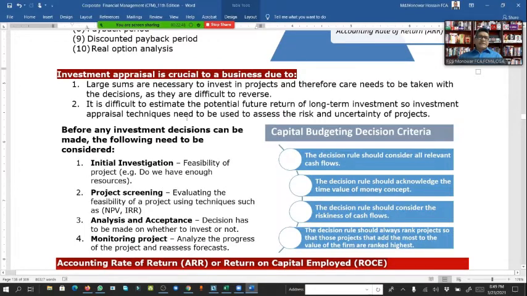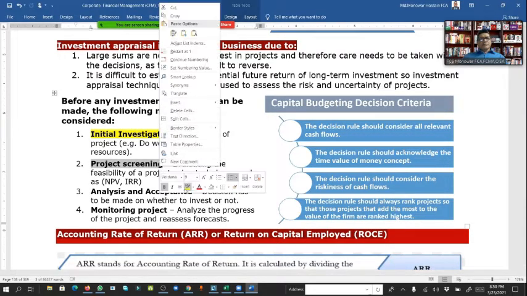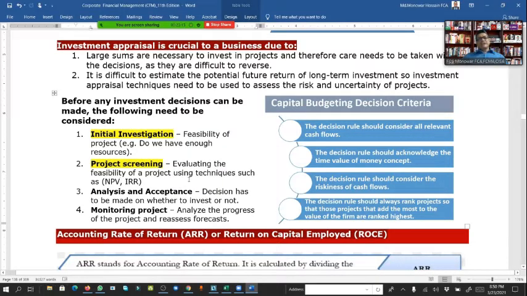In appraisal, before any investment decision is made, we have to consider the initial investigation, that means the feasibility study of the project and project screening. Within this stage we calculate the different types of technique, do project screening, then analyze and accept.